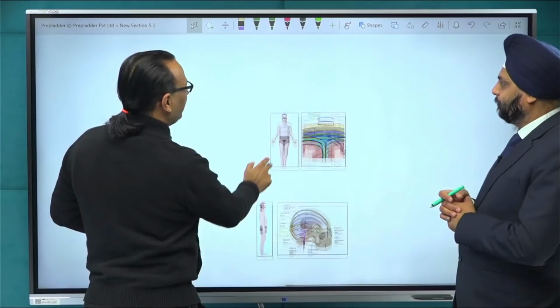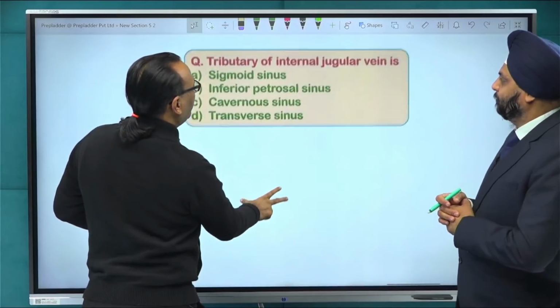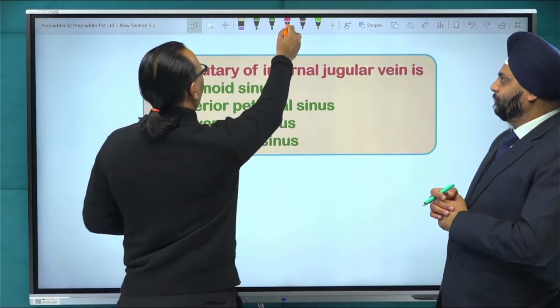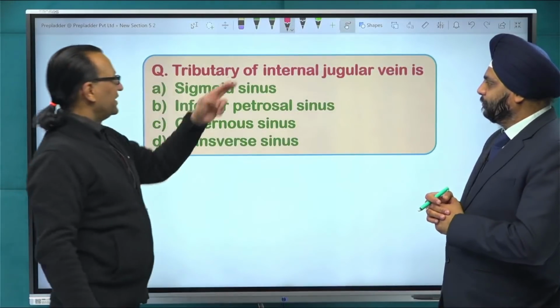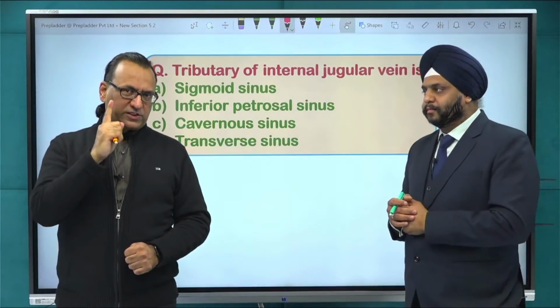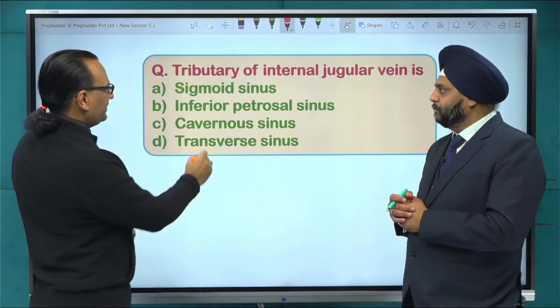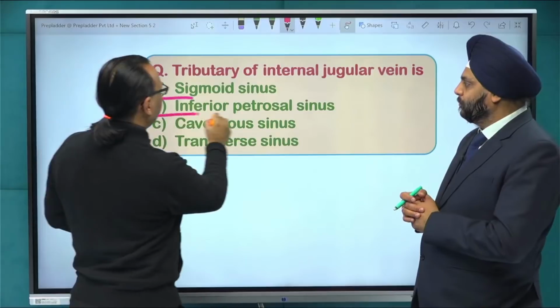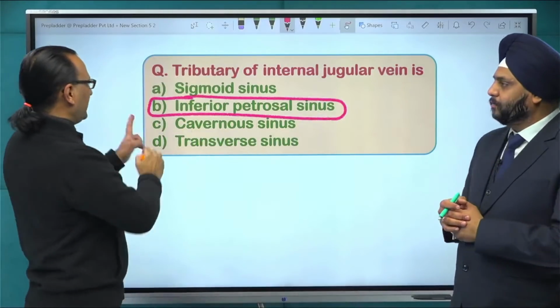And if we are talking about my question, what is the tributary to the internal jugular vein? Then you can understand yourself what could be the answer. The internal jugular vein, the very first tributary, right at the beginning, is the inferior petrosal sinus. And that is my answer.